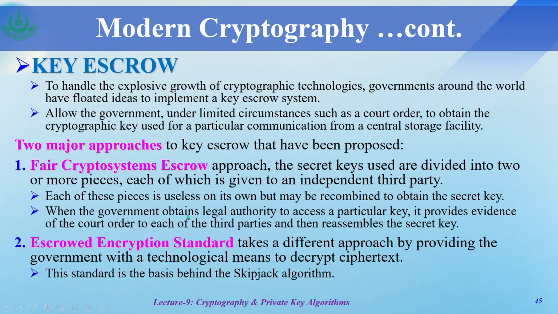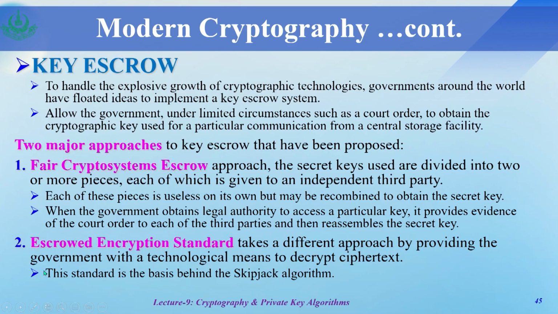When the government obtains legal authority to access a particular key, it provides evidence of the court order to each of the third parties and then assembles the secret key. Second, the escrowed encryption standard takes a different approach by providing the government with the technological means to decrypt ciphertext. This standard is the basis behind the Skipjack algorithm.